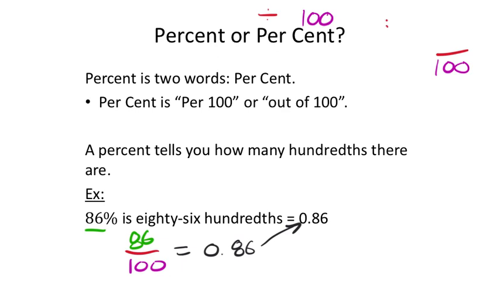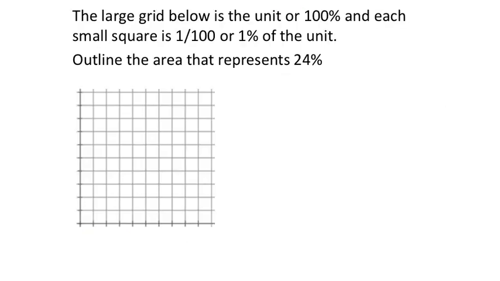What I just did there is kind of the method that we use to change a percent to a decimal, which of course a calculator is happy to do for us. Like we saw on the other objectives, we need to change fractions to percents and decimals and switch them all around as we go, okay? But it's crucial that you understand that percent means divide by 100 or per 100.